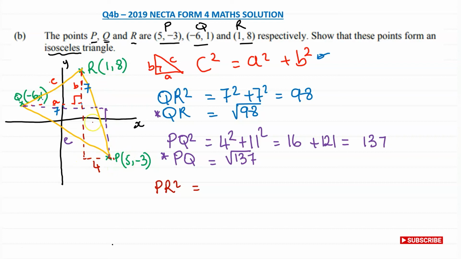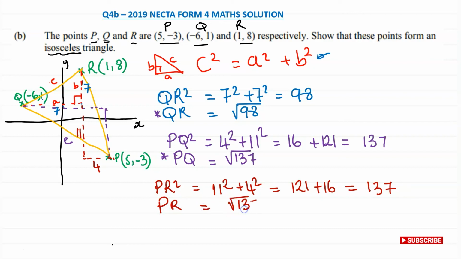And the vertical, we came from 8 all the way to -3. So from 8 to 0, that's 8 points, and then down to -3, that's 3 points, so 11. So I have 11 squared plus 4 squared, which is 121 plus 16, which gives 137. So therefore PR is equal to the square root of 137.